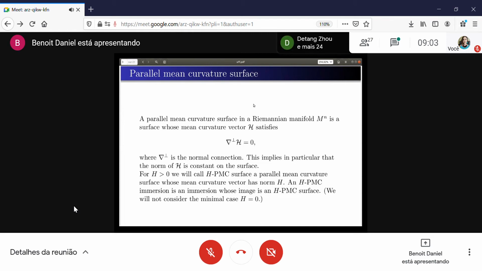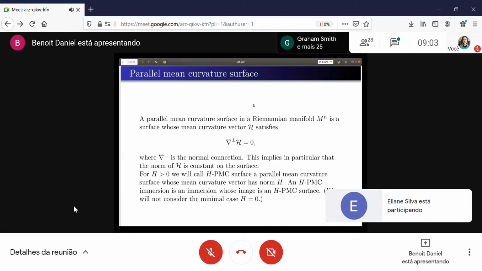Okay, so this is a generalization of CMC surfaces, but from different aspects, it is quite different. For example, it is very rigid. It is very difficult to find examples. You don't have, for example, the Plateau technique. And so it's not easy to construct examples.